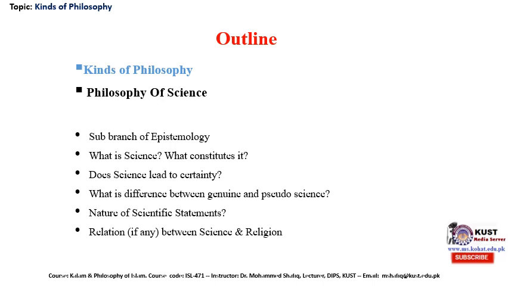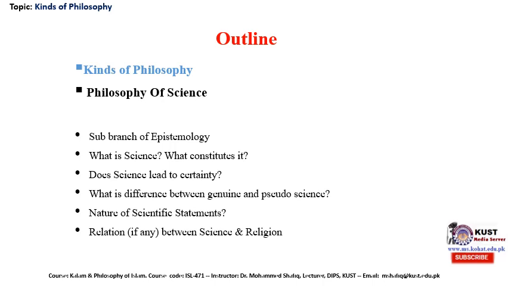So such kind of questions are asked in philosophy of science, that what is science? What makes science science? It is a systematic study about an aspect of reality in this universe. It also includes the methodology.